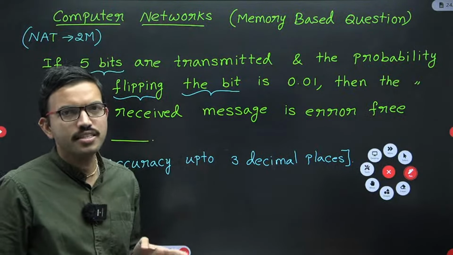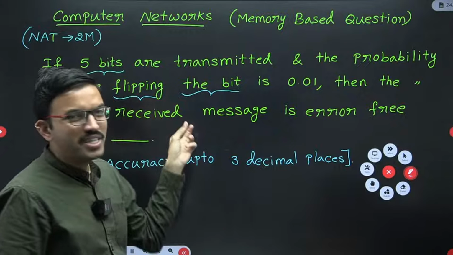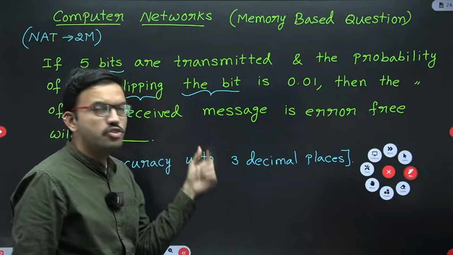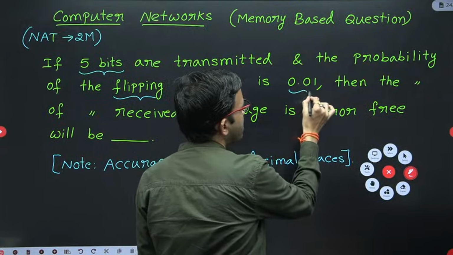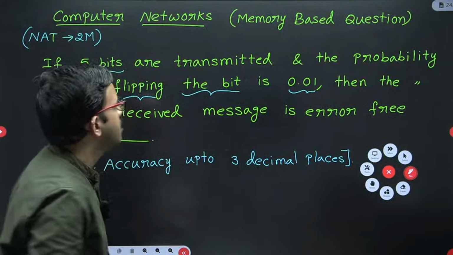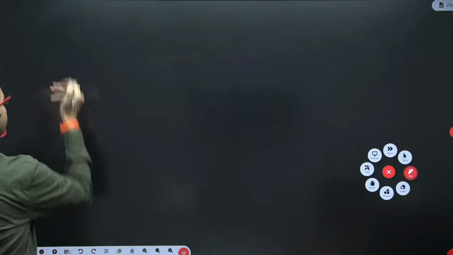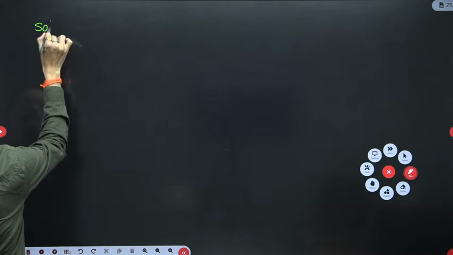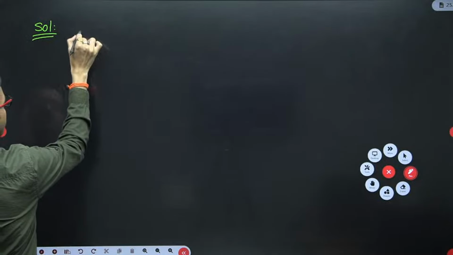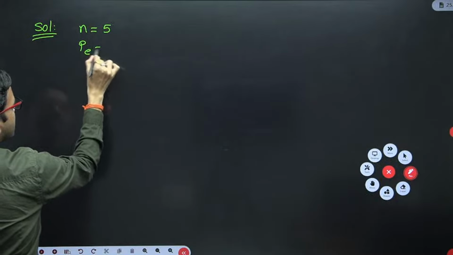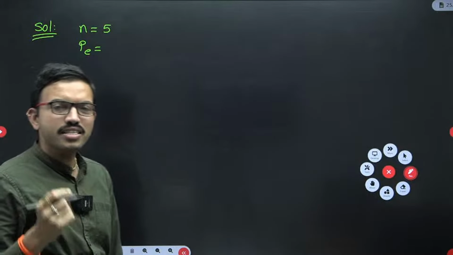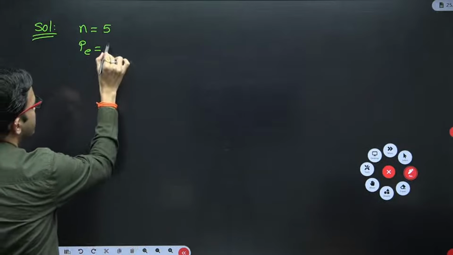That means error is there. The probability of getting an error in one particular bit at the receiver is 0.01. For reference, I am writing the data here: number of bits is 5, and the probability of error in one bit is 0.01.